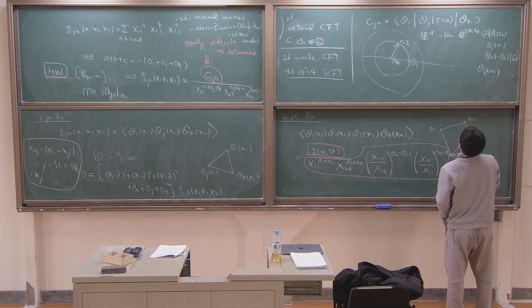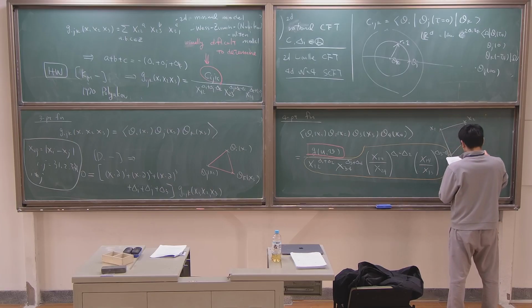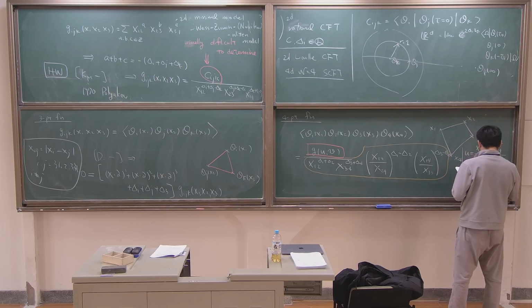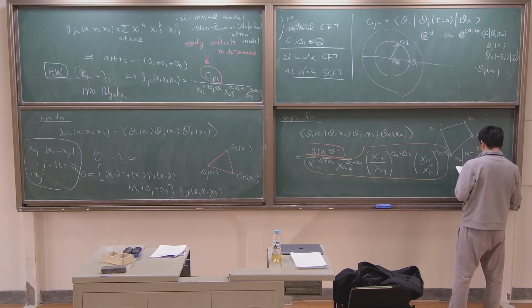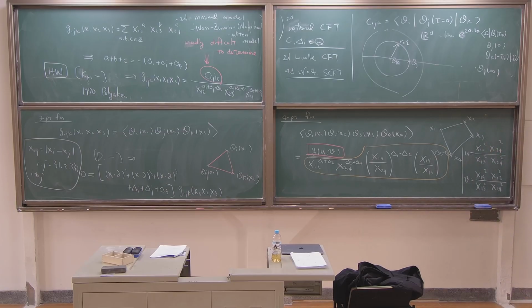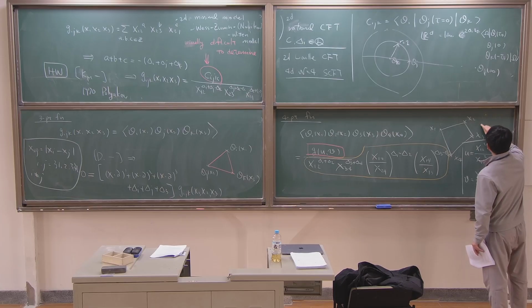U is equal to x12 squared x34 squared over x13 squared x24 squared, and V is given by x14 squared x23 squared over x13 squared x24 squared. So they are dimensionless, their mass dimension is 0, and they are invariant numbers.